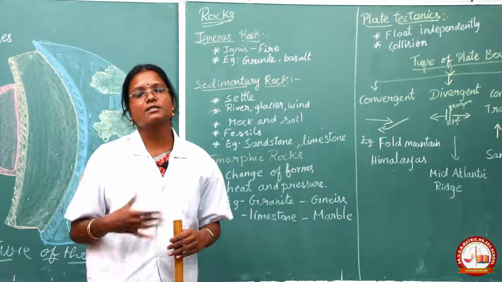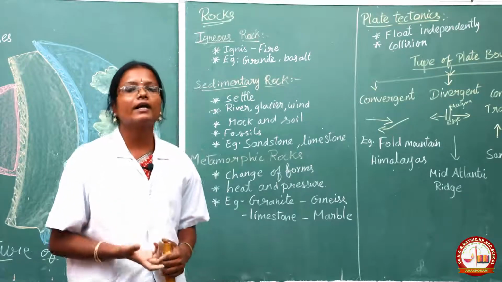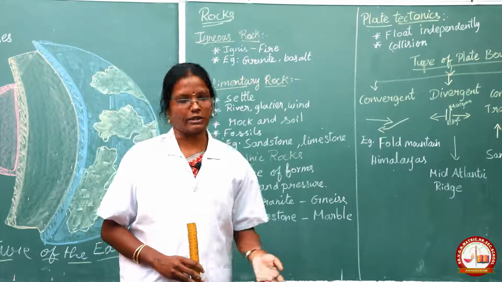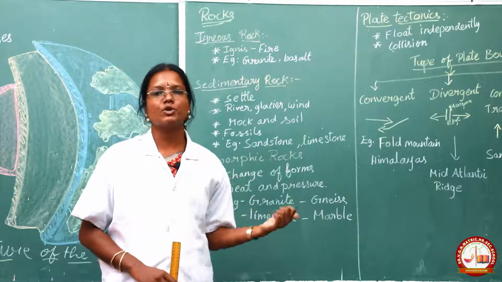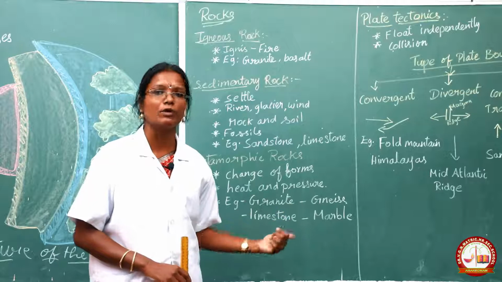Igneous rock changes its character and component, and likewise sedimentary rock also changes its character and component, which is termed metamorphic rock. Metamorphic means change of form. So sedimentary and igneous rocks change their forms into metamorphic rock.